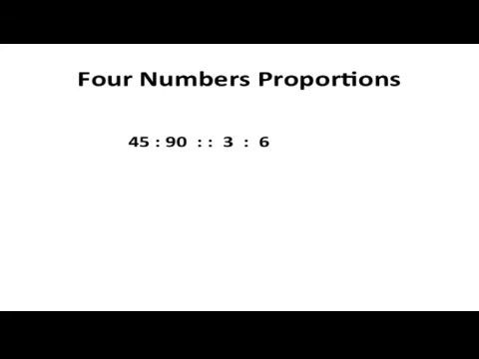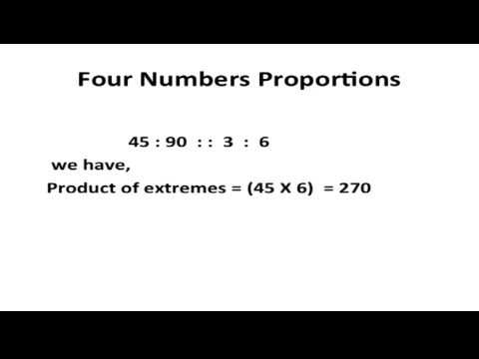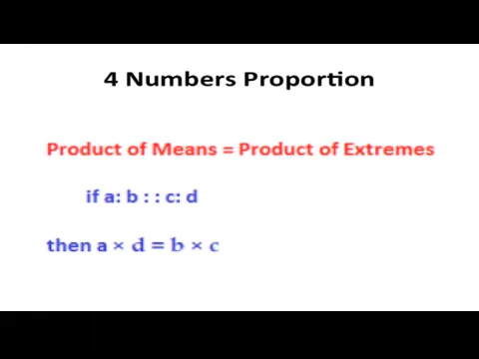For example, in 45:90 :: 3:6, the product of extremes is 45 into 6, that is equal to 270. The product of means is 90 into 3, that is equal to 270. Therefore, the product of extremes is equal to the product of means. In the above example, we have 4 numbers in proportion.